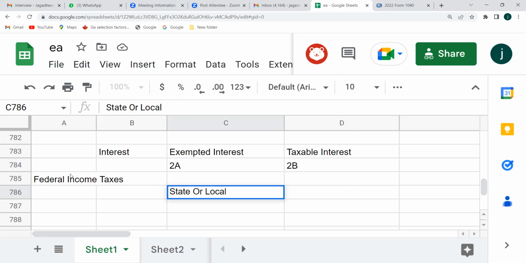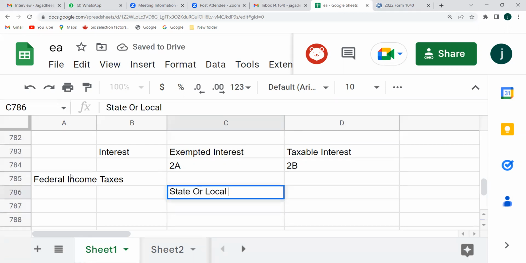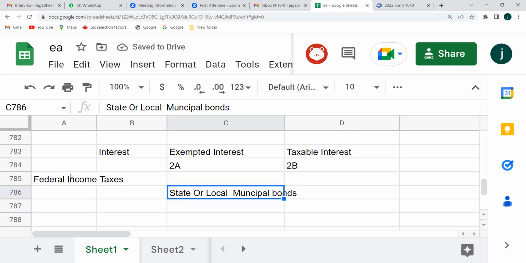Clear? In which cases do we not need to pay any tax? State, local, or municipal bonds. Any amount received from state, local, or municipal bonds is straight away exempt from tax.